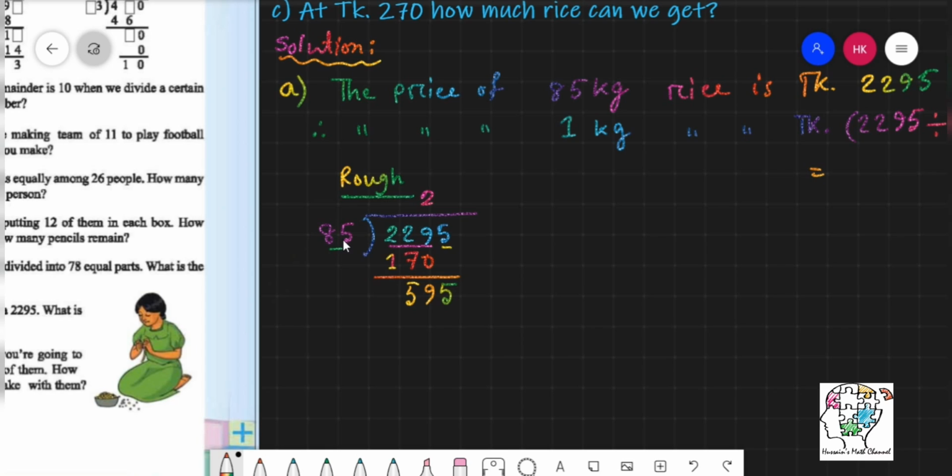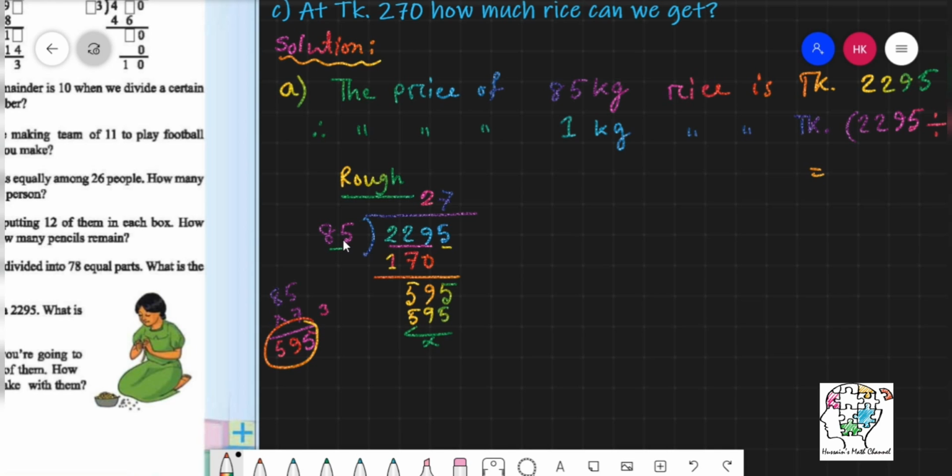So 85 times 7, what happened? 5 times 7 is 35 in hand 3, and then 8 times 7 is 56 plus 3, 59. So it is already matched with 595. So 85 times 7 is 595. So this is the rough.